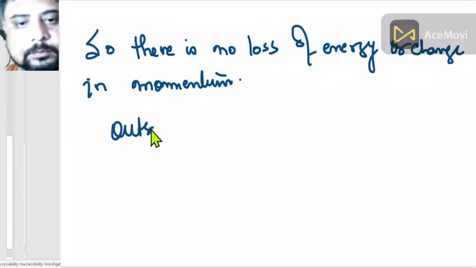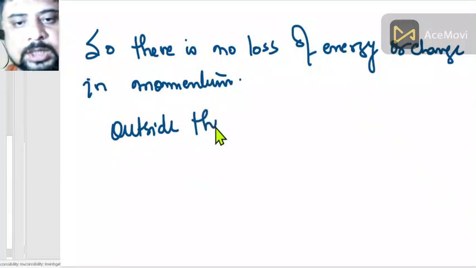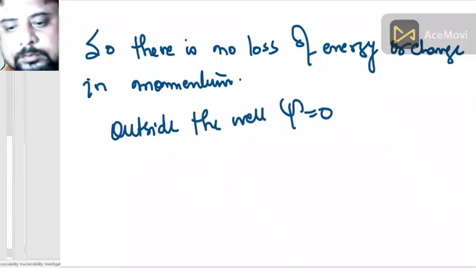So what we have here, outside the well, psi is 0. Why is psi 0? Because the particle cannot get out of the well, cannot get out of the boundary or the region.